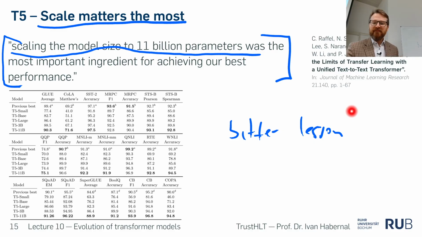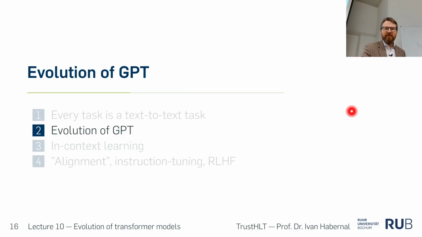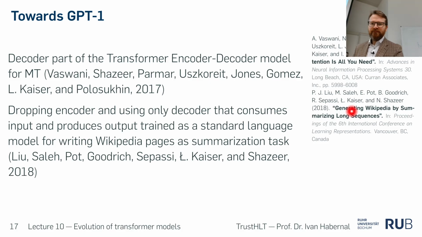Okay. So let's talk now about the evolution of GPT, because I think it's kind of important. Did we talk about this already? I don't know. Let's see. GPT-1 was inspired by the transformer model. The transformer model showed up in 2017, and 2018 was the first GPT model.